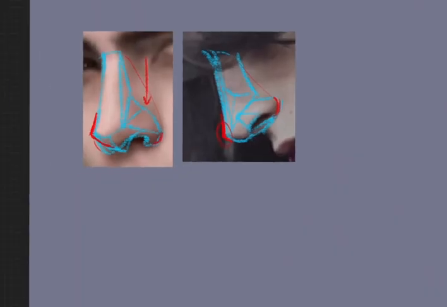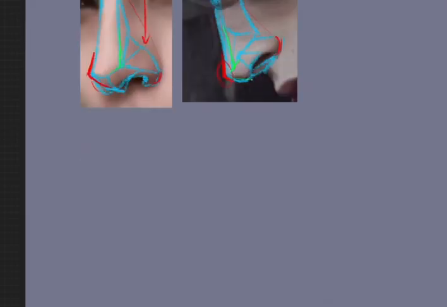So how I would do this, based on the topography, based on all of this information that we've got, I would draw his nose like this.